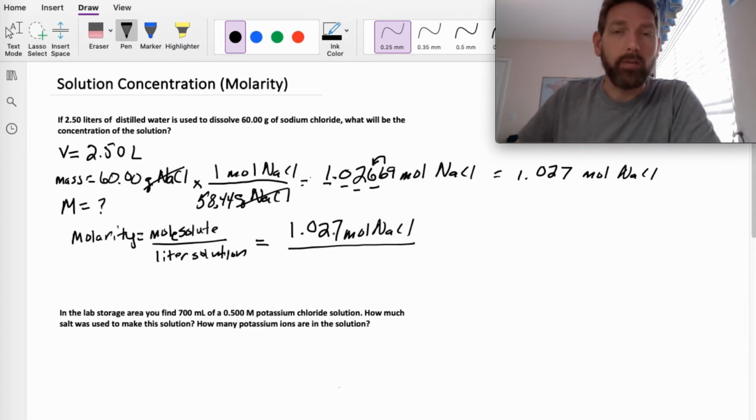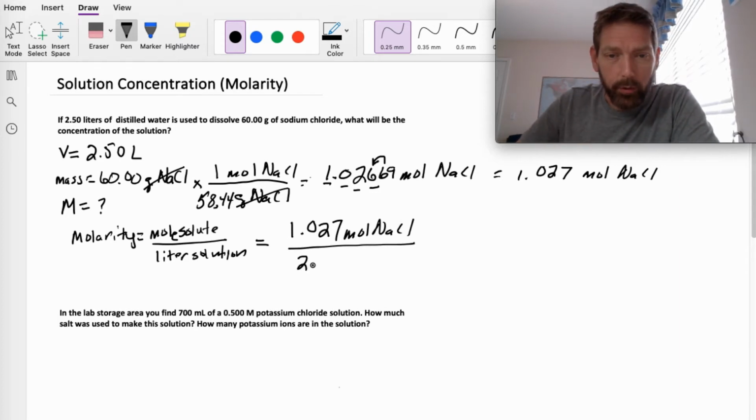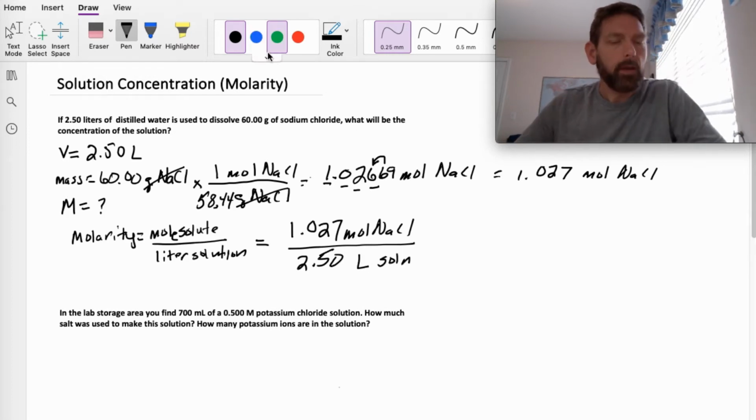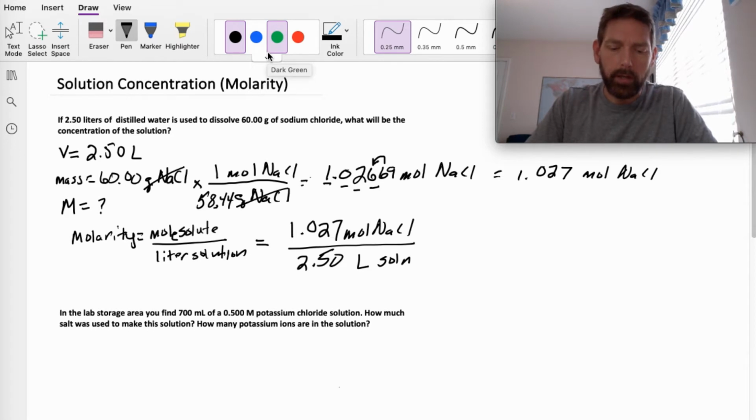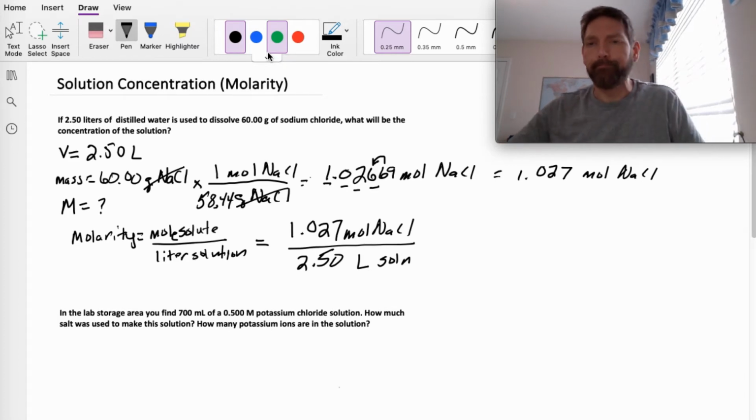That's per volume, and our volume is 2.50 liters of solution. And so we take the 1.027 divided by 2.5. You get 0.4108. Let me do that again just to double check. 1.027 divided by 2.5. Yep.